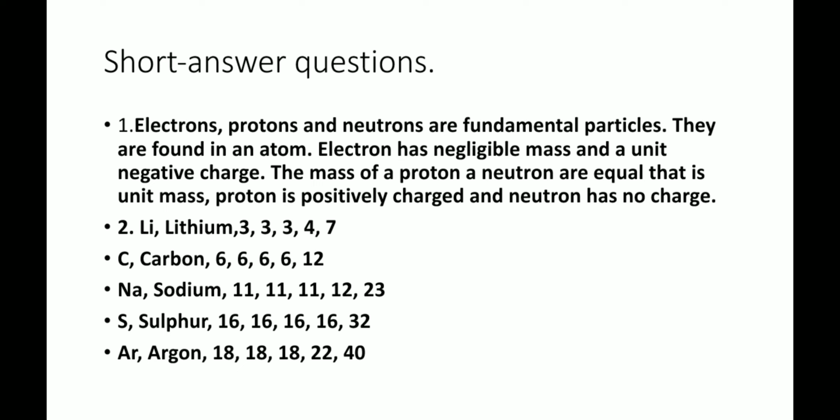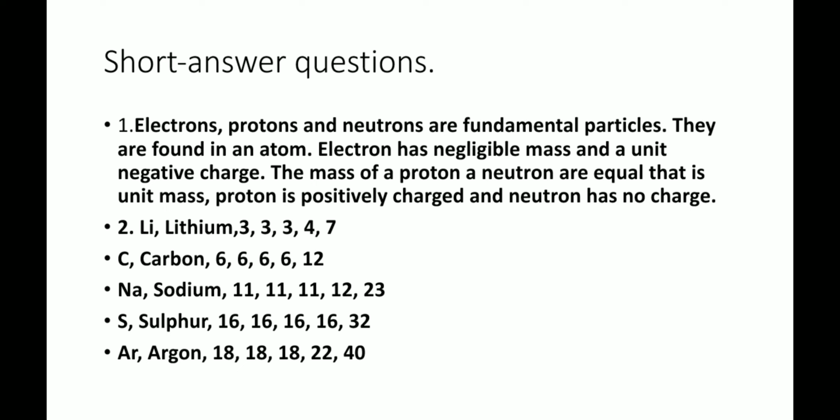The second question. Complete the following table. A. Symbol. B. Element name. C. Atomic number. D. Number of protons. E. Number of electrons. F. Number of neutrons. And G. Mass number. The answers are like this. In the first row, Li, lithium, 3, 3, 3, 4, 7.